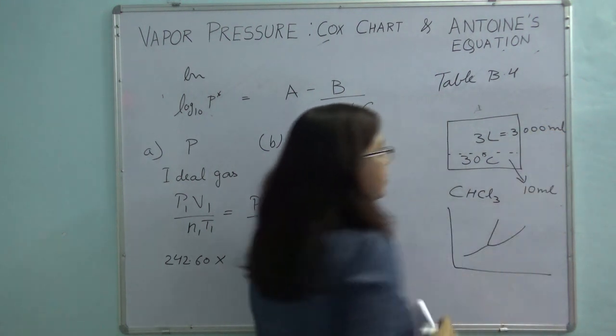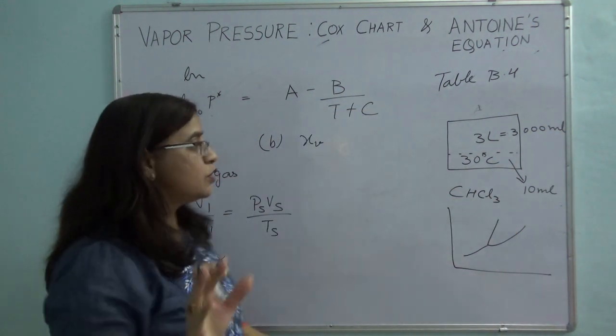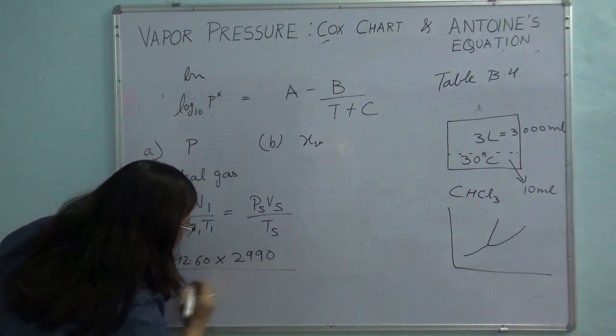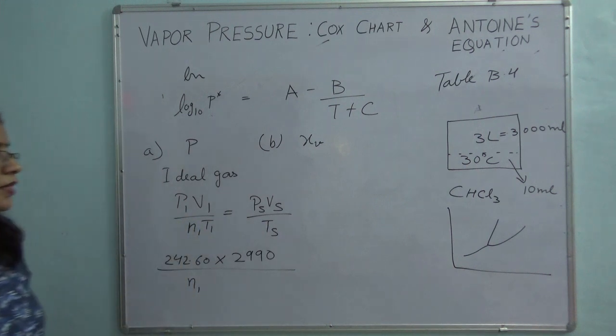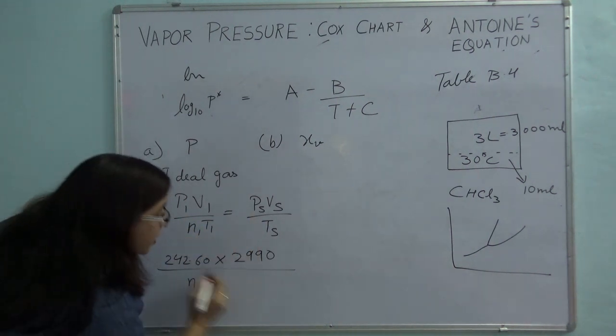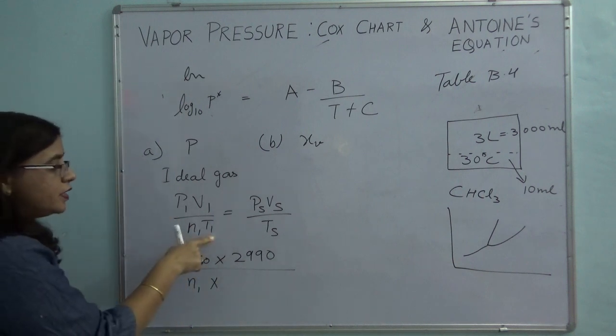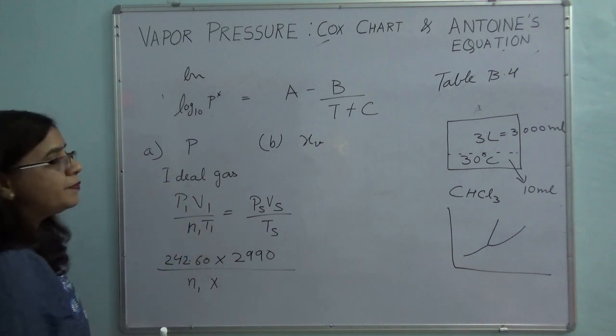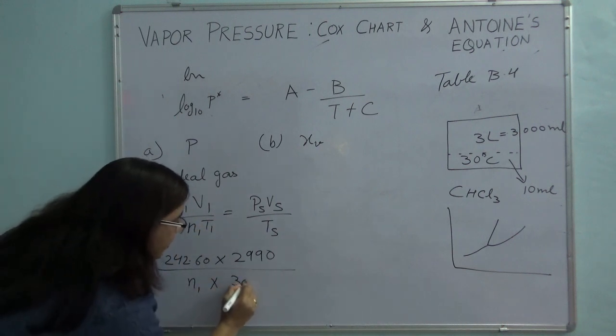Out of that, 10 ml is liquid, so the vapor phase is 2990 ml. N1, I don't know how many moles are there in the vapor phase. T1 I know, the temperature is 30 degrees. Because this is an ideal gas, always convert the temperature from Celsius to the Kelvin scale. Okay, so this is 303.